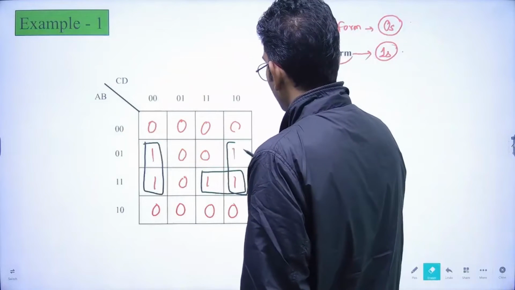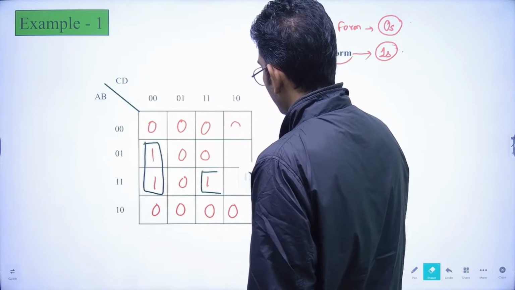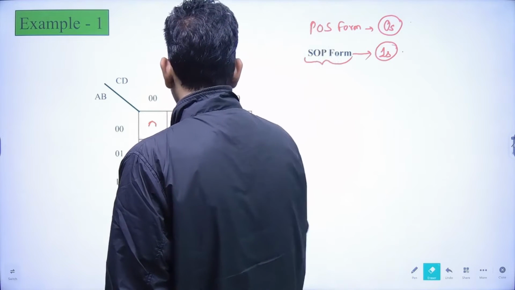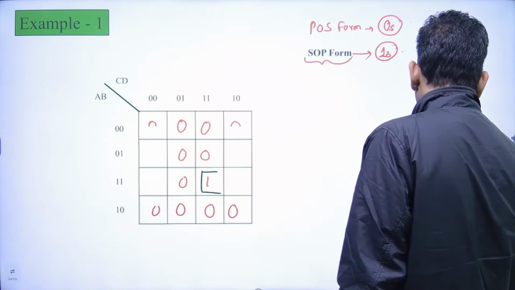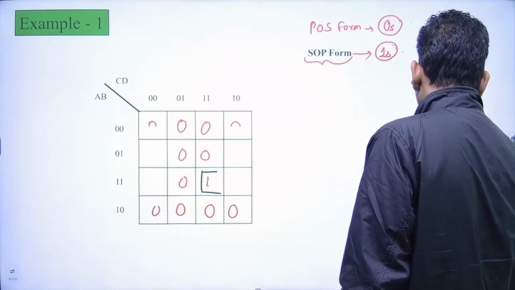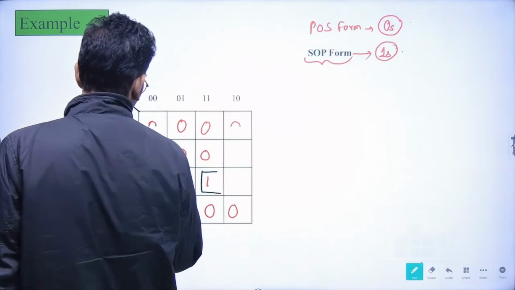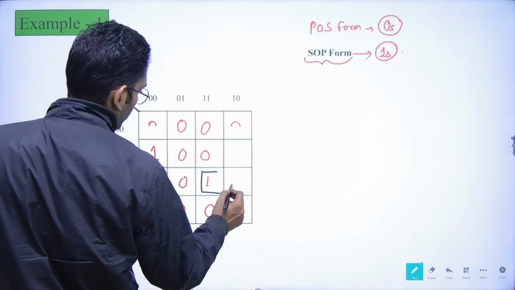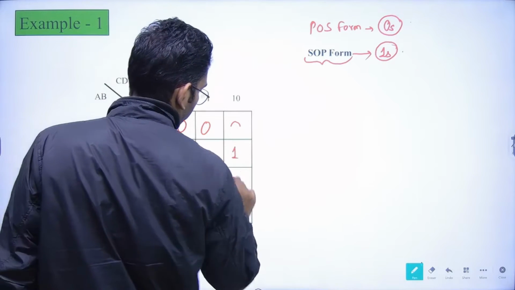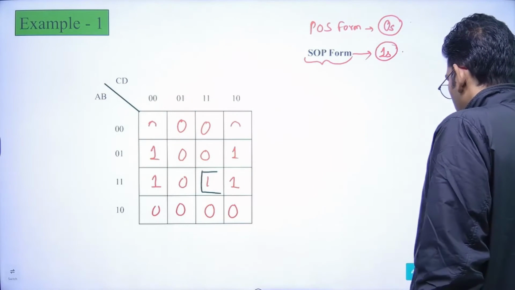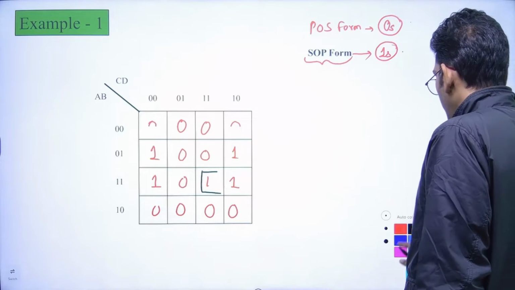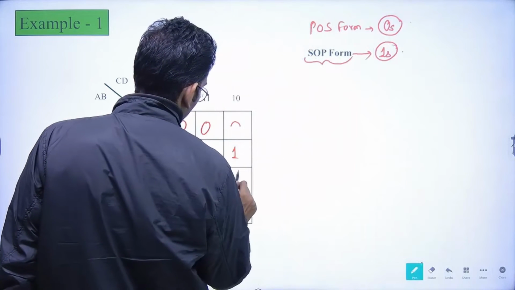But let me explain, these are not exactly three pairs. What was written here was 1, 1, 1, and 1. So this is the pair.